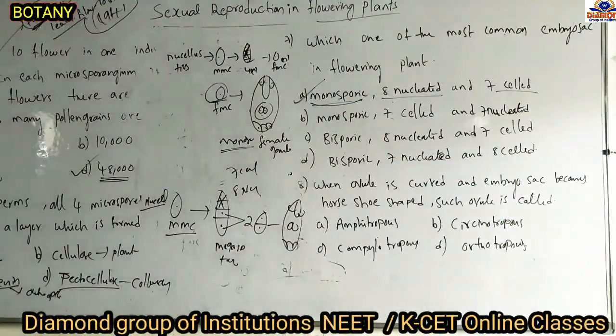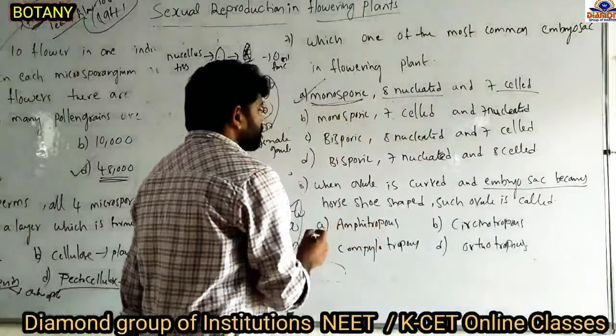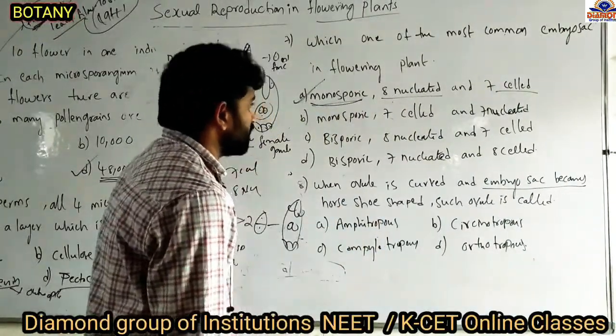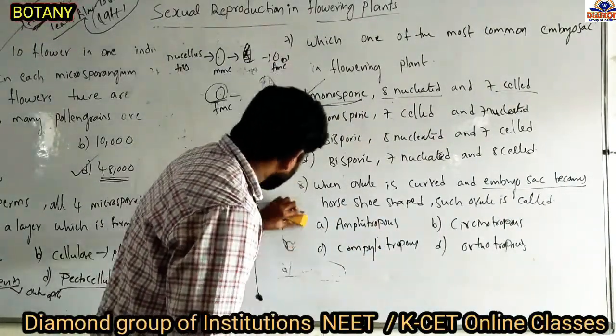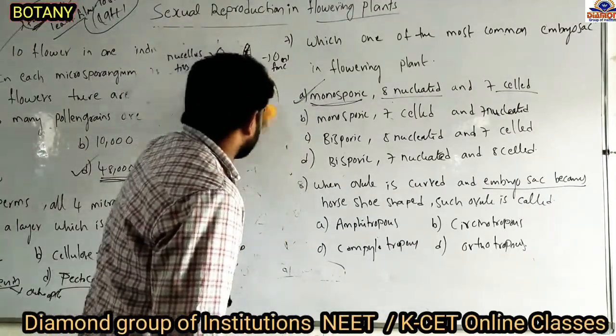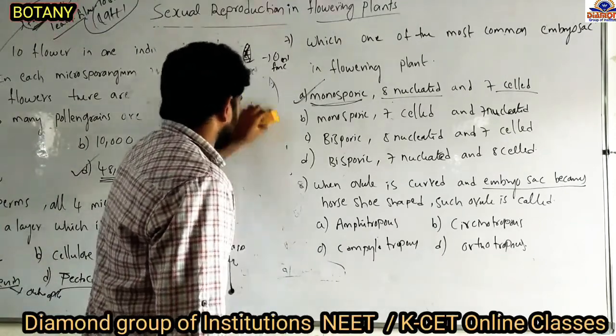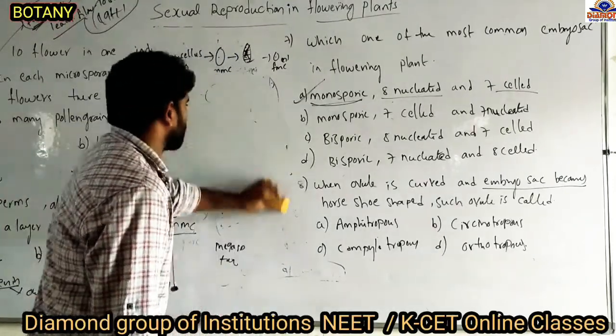And then when the ovule is curved and the embryo sac becomes horseshoe shaped, the ovule is called as. So here the ovular body will be curved and the embryo sac is becoming a horseshoe shaped structure. That is called as, they gave the options. Amphitropous ovule.